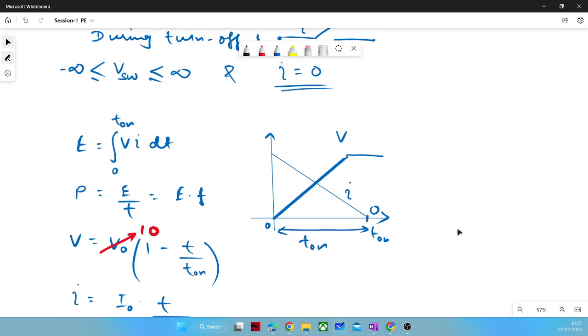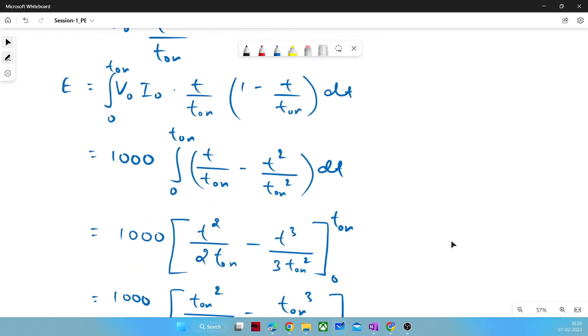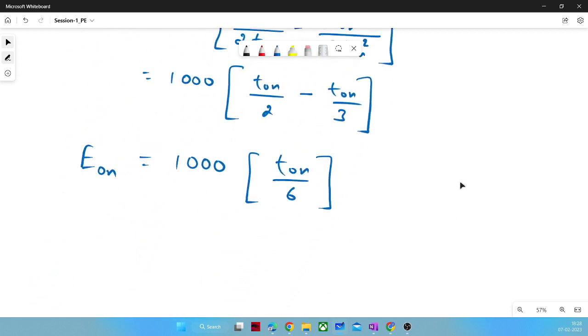So, I was discussing that for turn-off transition, voltage will rise from its zero value to the rated value, and current will drop down from its rated value to zero value. So the transition will be the same. The slopes are interchanged for voltage and current, and you again can write the expressions easily based on the slope equations of voltage and current, and do the same operation on both, and you will be able to calculate the energy lost during off transition in a similar way.